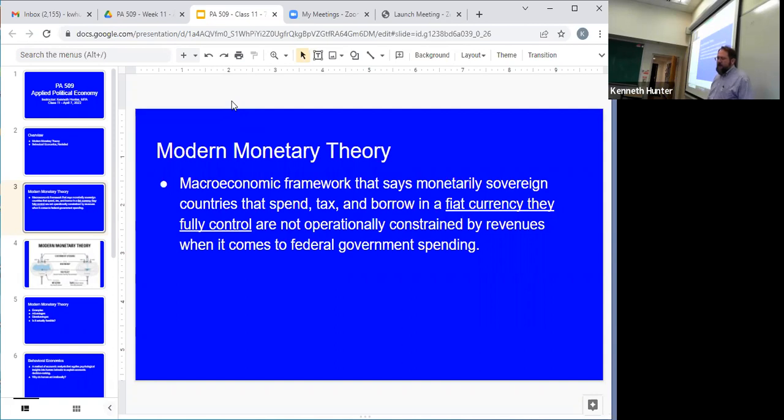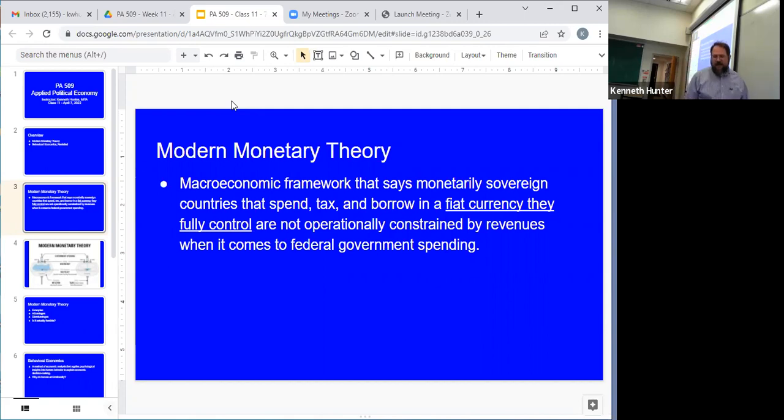Modern monetary theory kind of takes the Keynesian approach and puts it on steroids because what it basically says is that those nations, and the US is one of them, but it also mentions Japan, Canada, pretty much your G7, G8 nations, which would also include the United Kingdom, France, basically your highly industrialized legacy nations, even if they're in some period of decline, as Dalio talked about in his book.